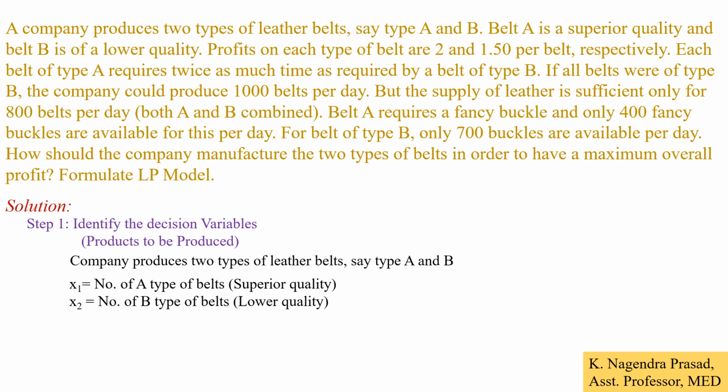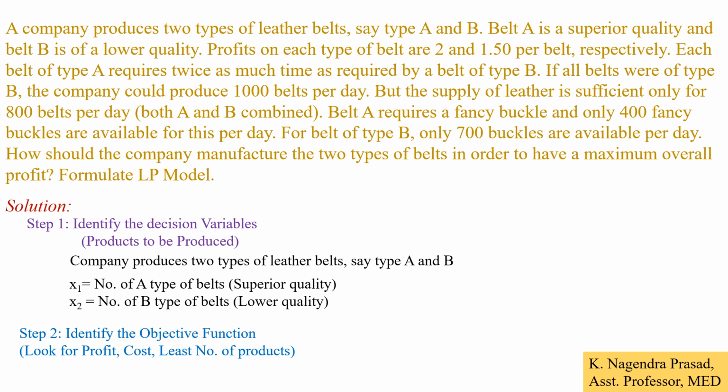Step 2 is to identify the objective function. For this we have to observe the words profit, cost and the least number of products. In the problem, it is mentioned that the profits on each type of belt are 2 and 1.5 per belt respectively.